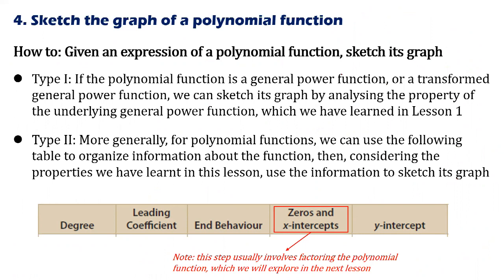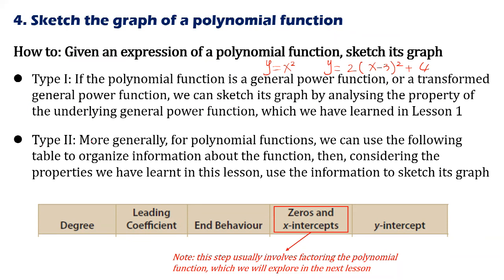First type: if the polynomial function is a general power function, for example, y = x², or a transformed general power function, which we have learned in Unit 1, Lesson 1, for example, y = 2(x - 3)² + 4, then we can sketch its graph by just analyzing the property of the underlying general power function, which we have already done in Lesson 1 of Unit 1.